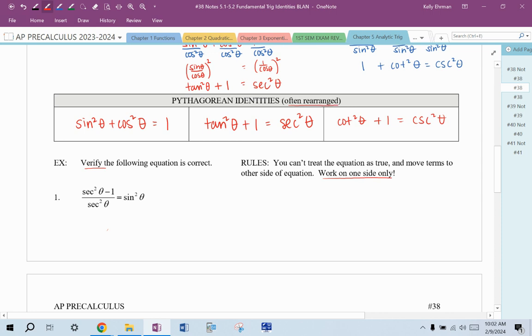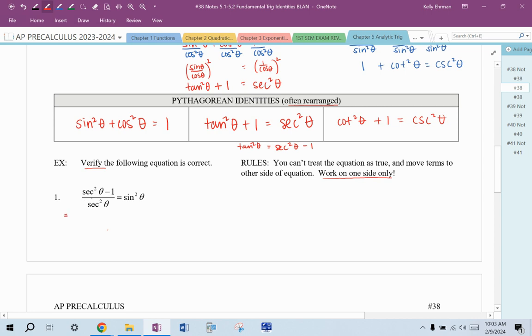I see secant squared theta minus 1. I do have a Pythagorean identity that involves secant squared and 1. If I were to subtract 1, so that this is secant squared theta minus 1, I would be left with just tangent squared on the other side. So one way to do this problem is to say, if I'm going to work on the left side, we usually just put an equals here.